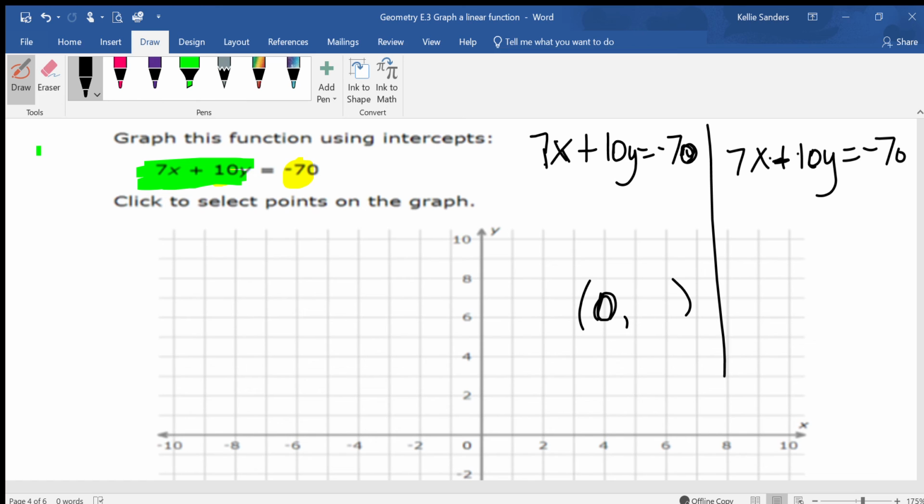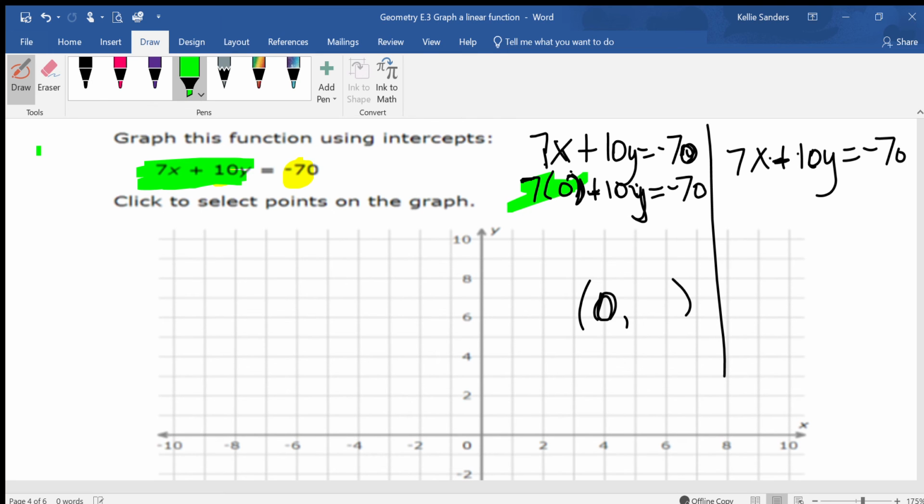If I put 0 in for x, everything else stays the same. And what does this say to do? It says to multiply because they're right next to each other. So what's 7 times 0? 0.